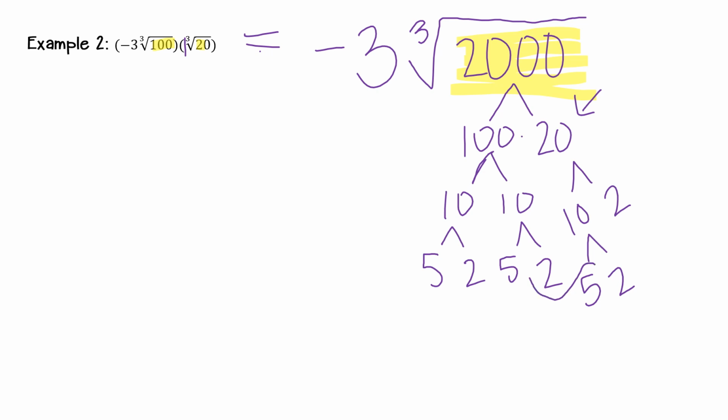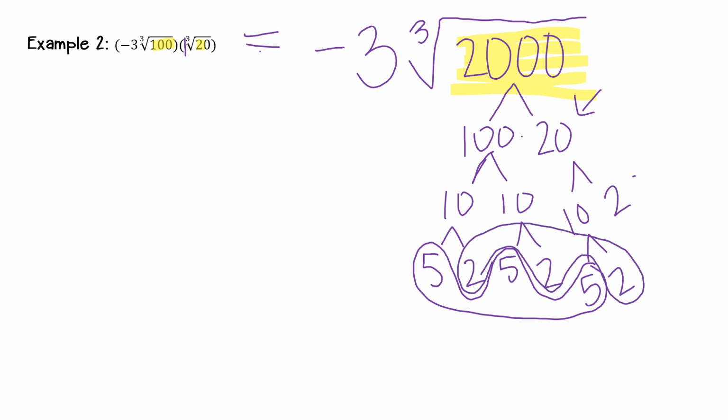So I actually end up with 3 5s, and then I also have 3 2s. And then this is a single 2 over here. The 10s do not count because those have been broken down into more prime numbers.